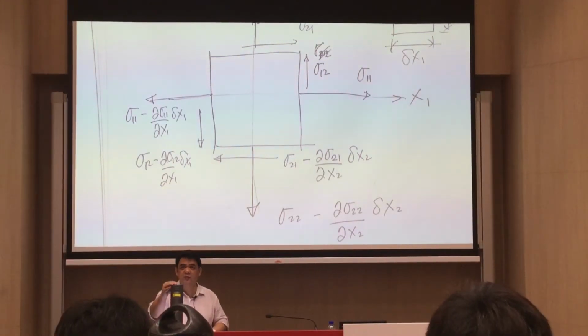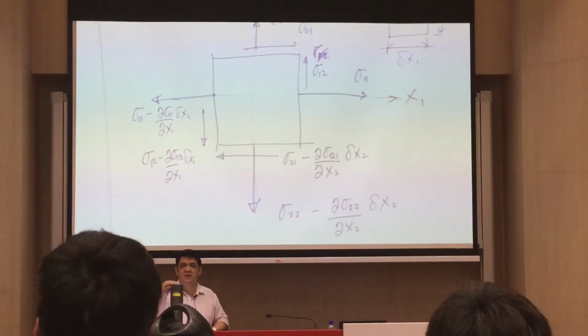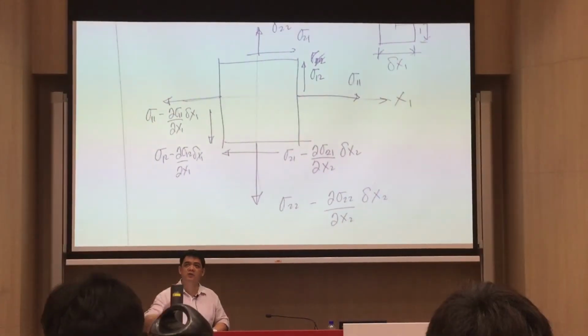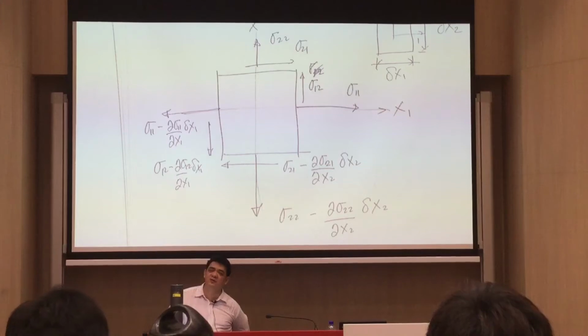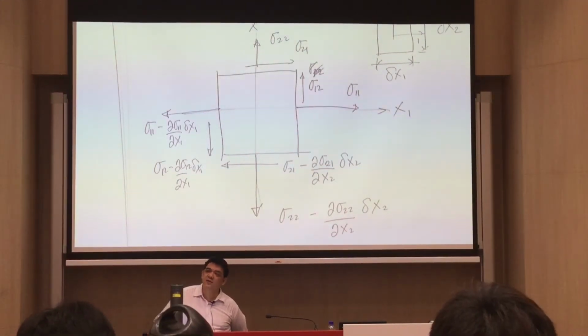So what do we do to solve for the symmetric condition? How do we prove that sigma ij, or sigma 1,2, is equal to sigma 2,1? Still, we are considering statics here, so the principle of statics applies.